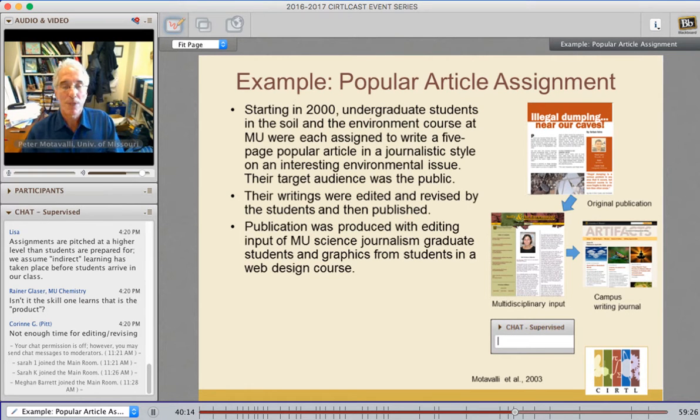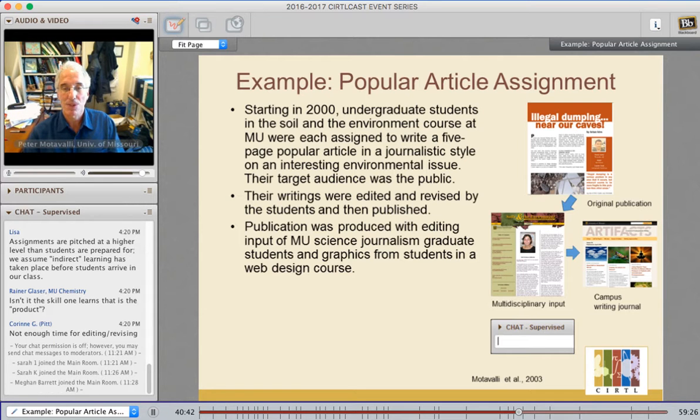What we did in this case was we engaged graduate students from the MU Science Journalism program, and also students from our agricultural journalism. There's a course on web design that we got students from, because they are looking for projects. And so we got them involved as well in developing a publication.